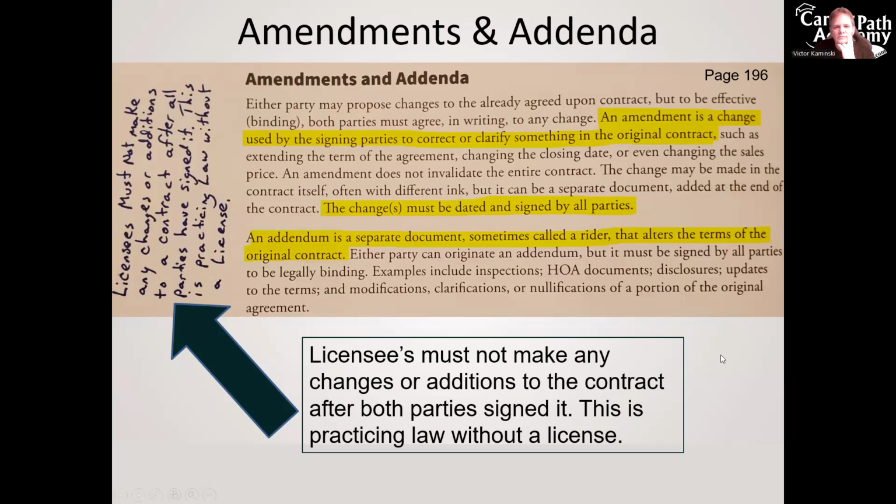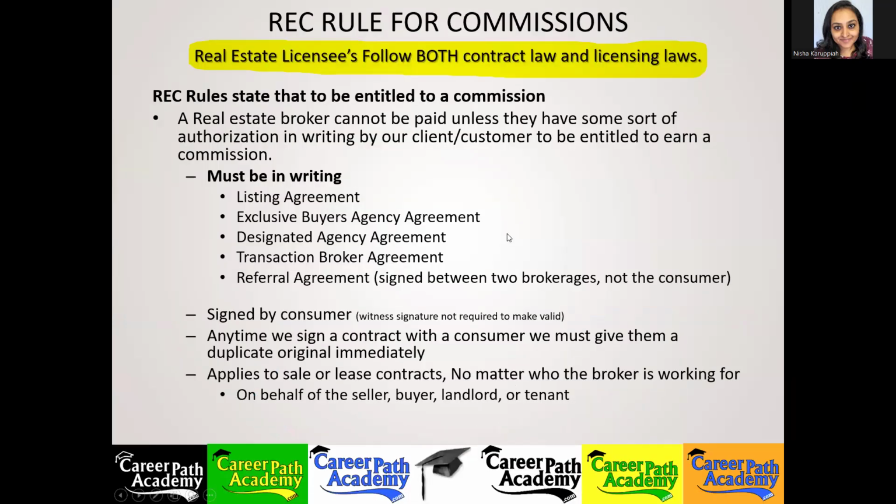All right. I'm good. So real estate licensees follow both contract law as well as licensing law. The Real Estate Commission's rules state that a real estate broker cannot be paid unless they have some sort of authorization in writing by our client or customer to be entitled to earn a commission.